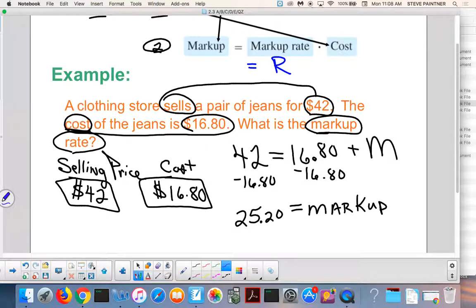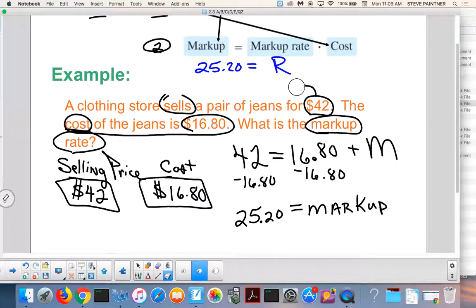What was the markup? 25.20. Now, hang on. What's the cost? $16.80. So if you go into the second equation, you get the markup rate by putting the numbers in. Solve for R.